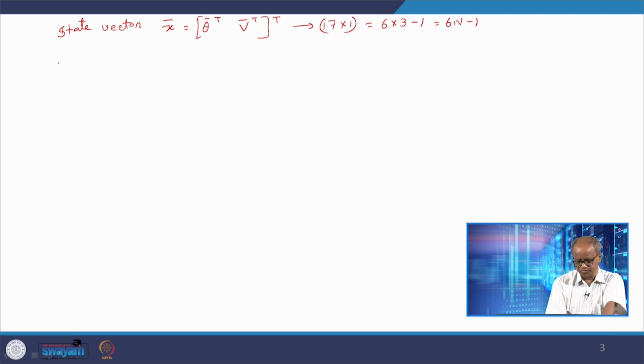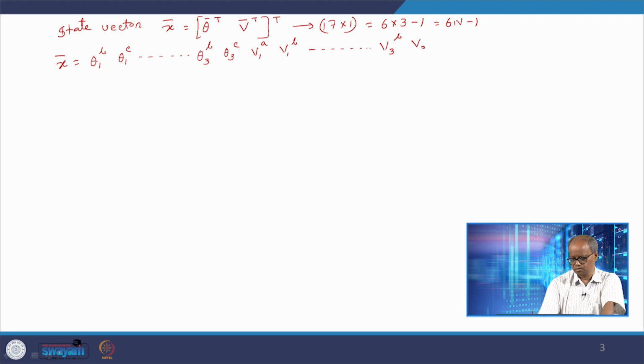Specifically, x is theta 1 B, theta 1 C, and so on up to theta 3 B, theta 3 C, and then V 1 A, V 1 B and so on up to V 3 B, V 3 C, transpose.